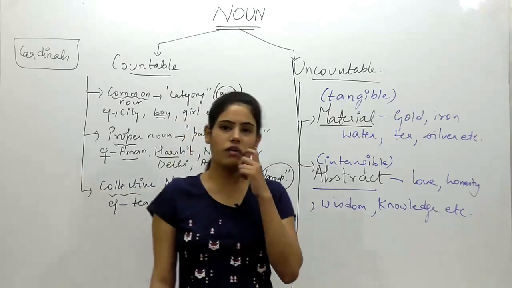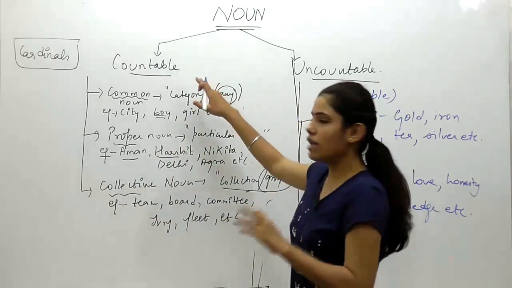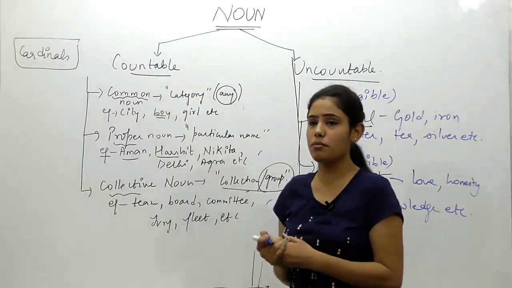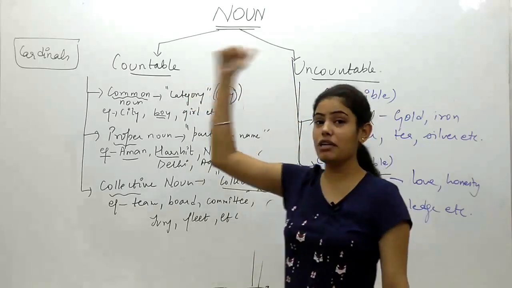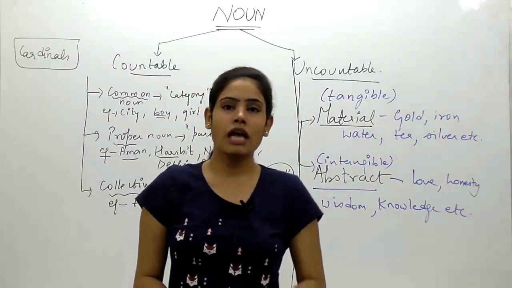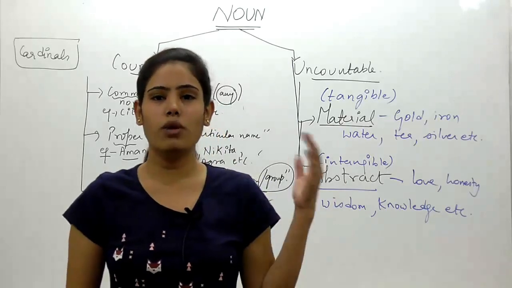So there are 5 main important types of nouns. Let's just revise the head part and then we'll come to the sub parts. Countable and uncountable. Countable, that can be counted on cardinals. Cardinals will be 1, 2, 3, and we cannot say 1 liter or 1 kilogram.